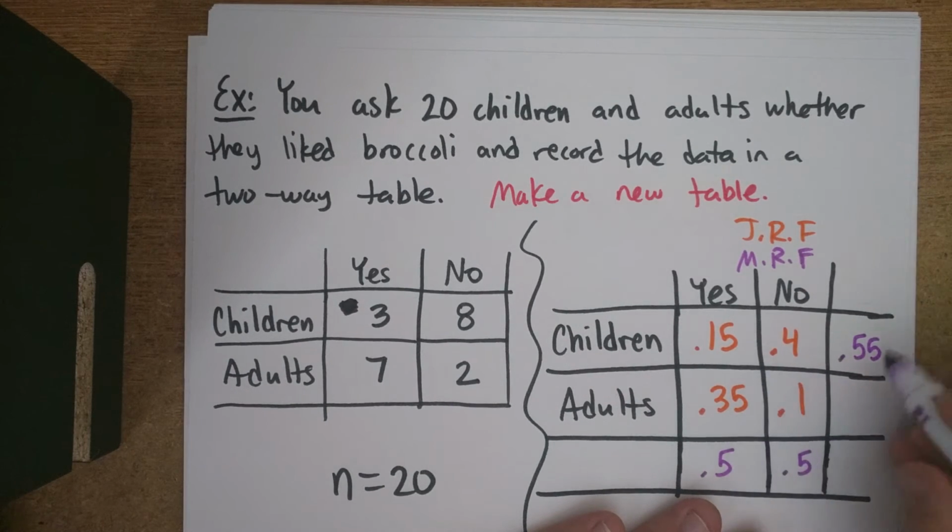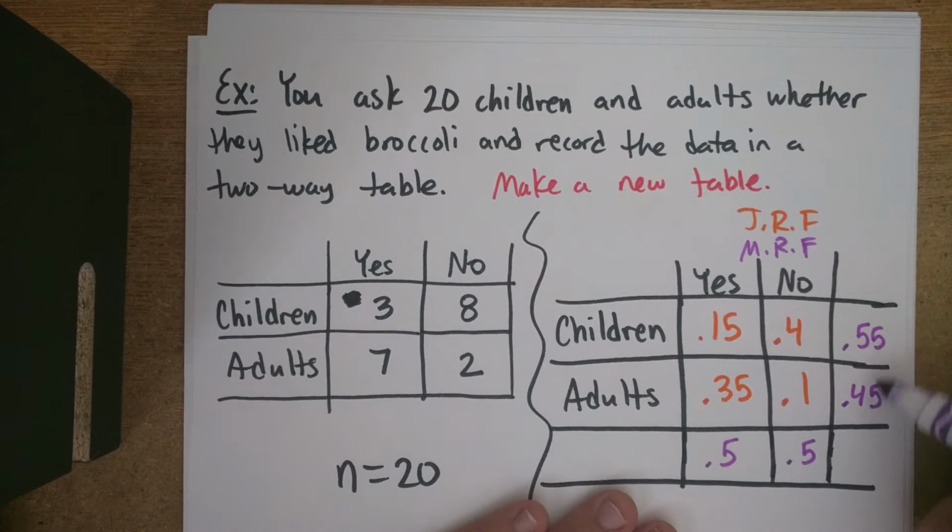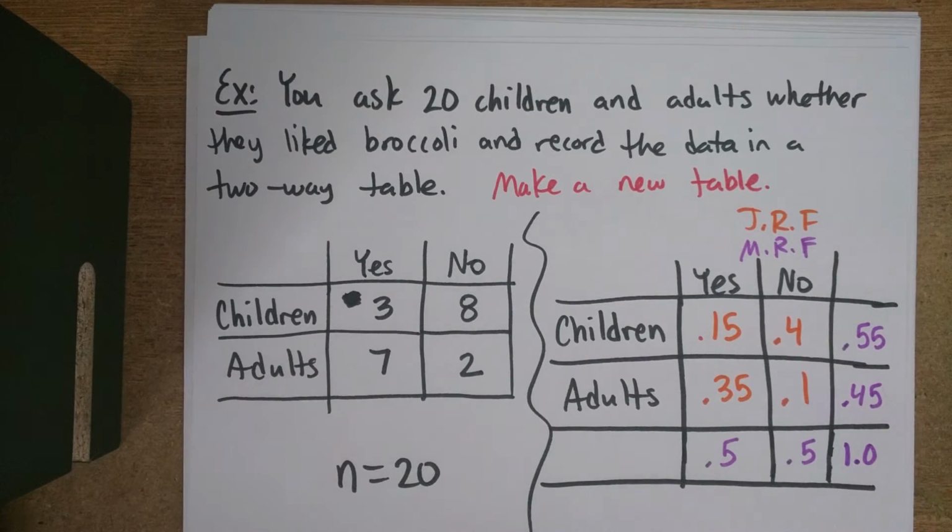And 0.35 plus 0.1 is 0.45. Again, this column should add up to 1, and this row should add up to 1, and you can see that they add up to 1 or 1.0. And so that's how you create a table with your joint relative frequencies and your marginal relative frequencies.